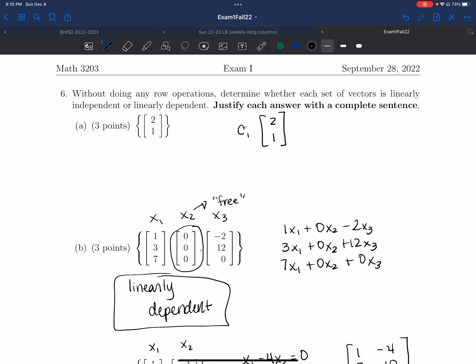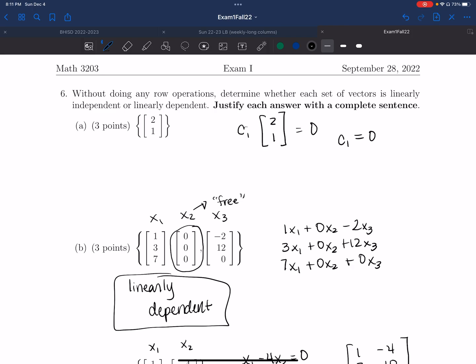In order to get that to equal 0, C1 is going to have to equal 0, because there's no way we can get it to be anything but that. And it's a little confusing because I did write 2x1, 1x1, and that's not what we're really doing there.